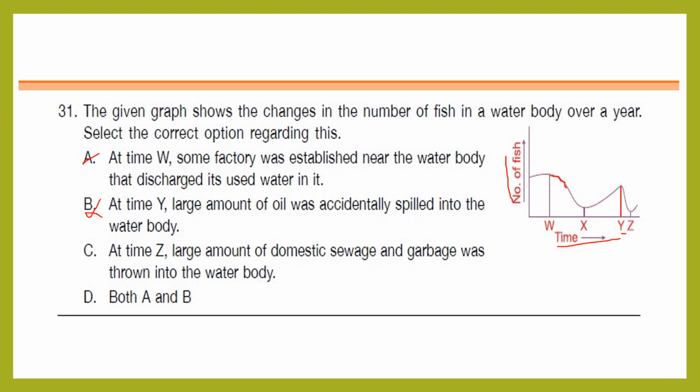At time Z, large amount of domestic sewage and garbage was thrown into the water body. At time Z, the number of fishes is very low. That means option C is correct. So our statements A and C are correct. So our answer is option D, both A and B.